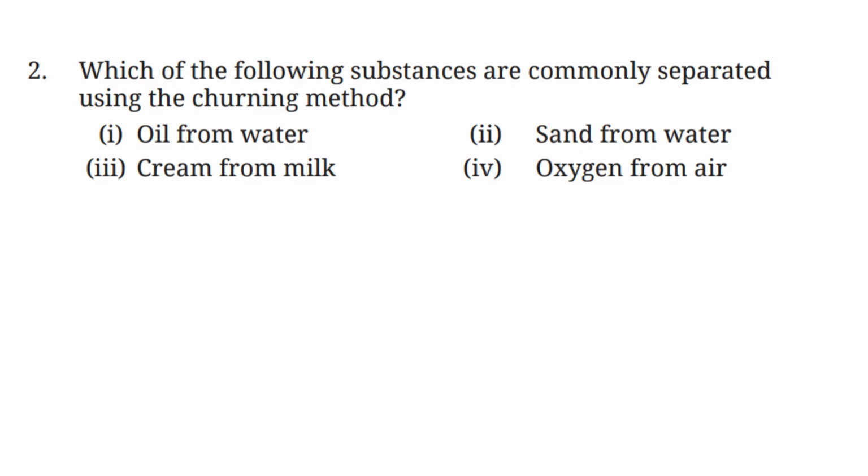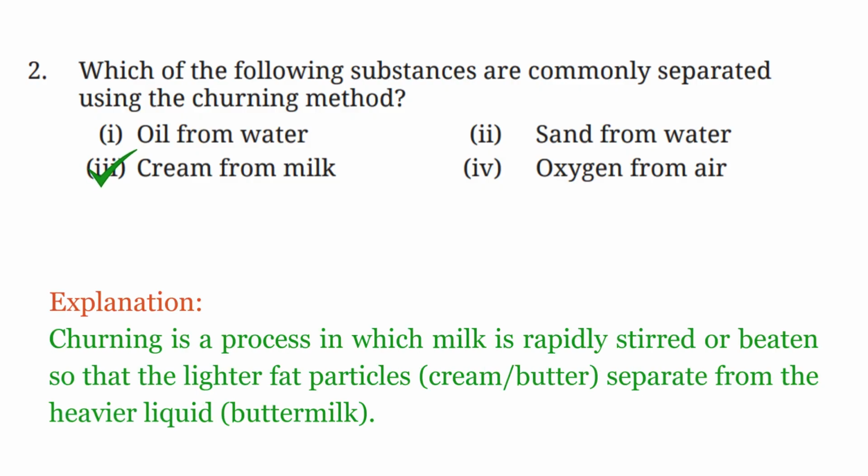Question number 2 is, which of the following substances are commonly separated using the churning method? Options are oil from water, sand from water, cream from milk, or oxygen from air. The correct answer is option number 3, cream from milk, right?